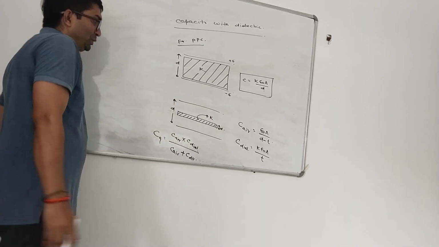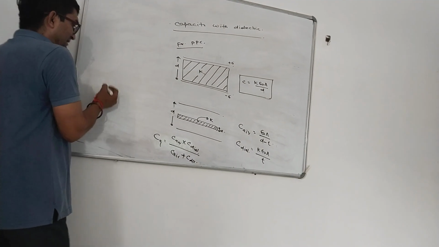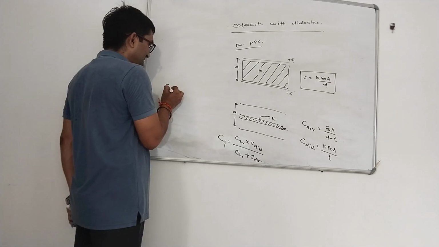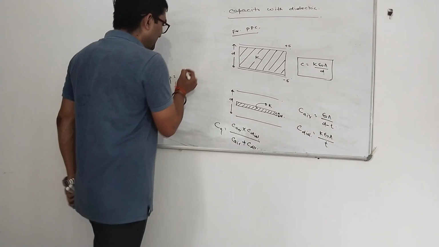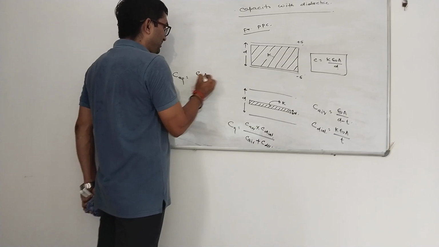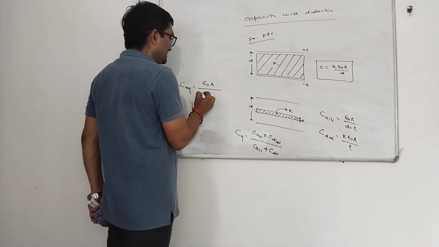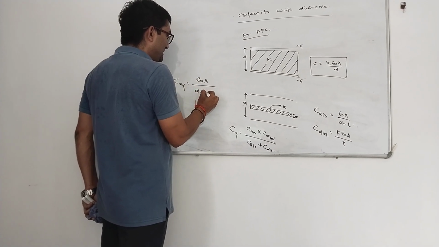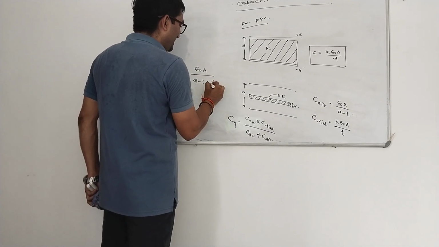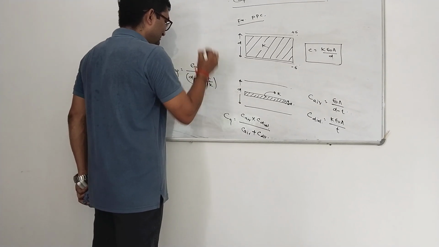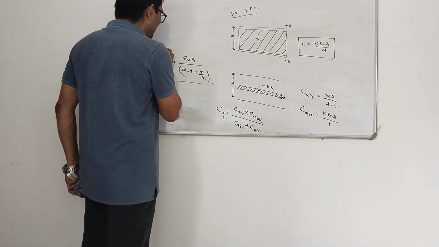When I put in all the results, their expression becomes C equivalent is equal to epsilon naught A upon D minus T plus T upon K. This will be the result.